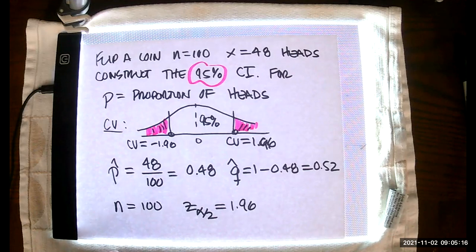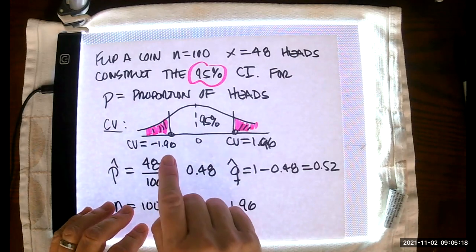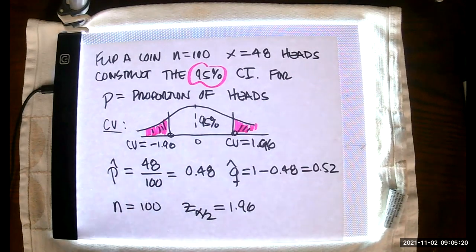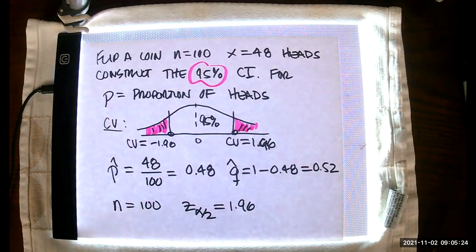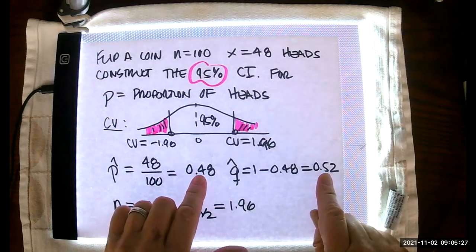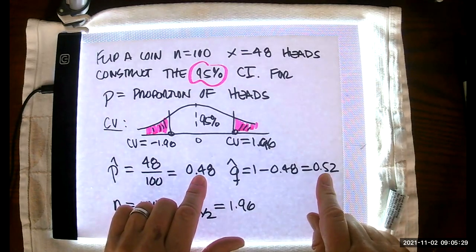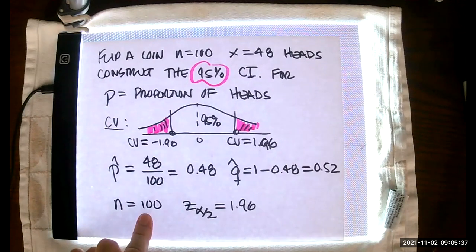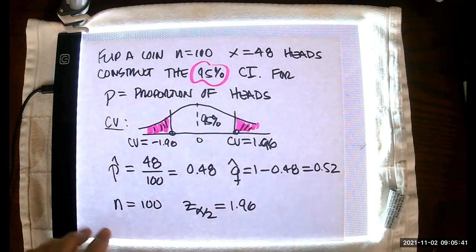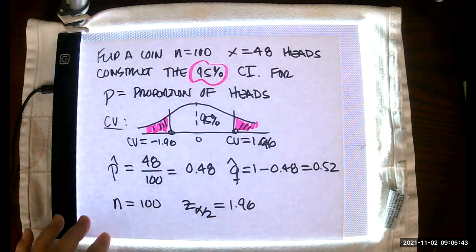We're looking at the number of heads. So 48 divided by 100 is 0.48. That means q hat is 0.52. Remember, p hat and q hat have to add to 1. For my margin of error, I'm going to pick the positive 1.96. And then, of course, my sample size is 100. So these are all the things that we need for our formula.